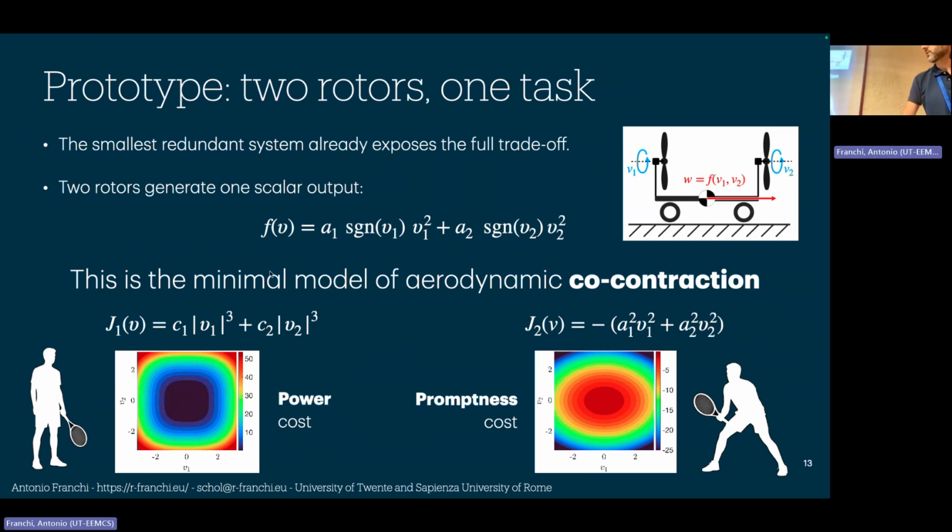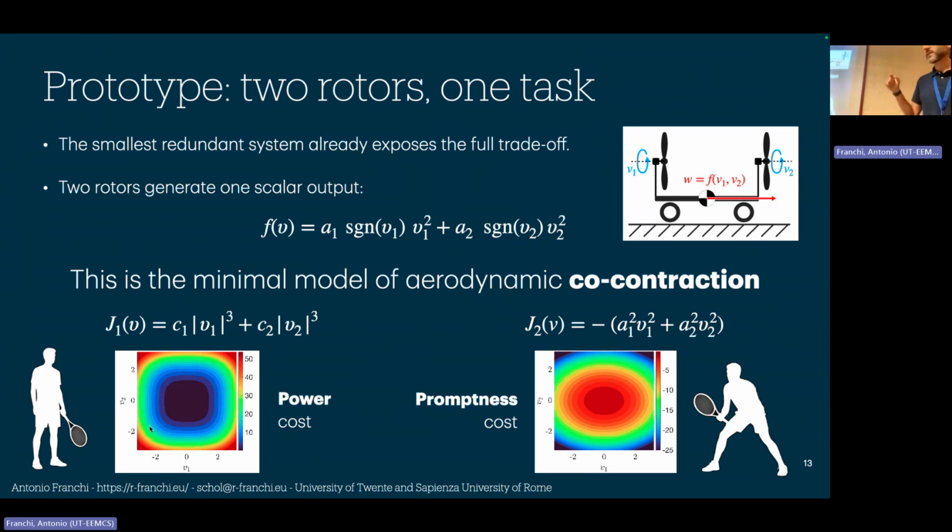So when you write down the two costs for this particular case, you have these two fields. So the bluer, the better, okay? It's smaller. You see that the promptness and the power are exactly opposite. If you want more promptness, you have to increase somehow the norm of the propeller speed. If you want less power, you have to decrease it.